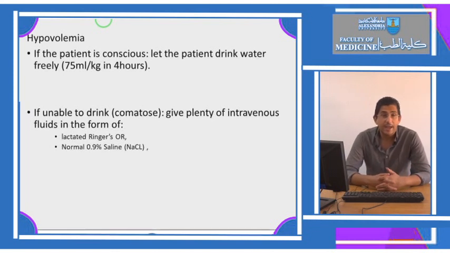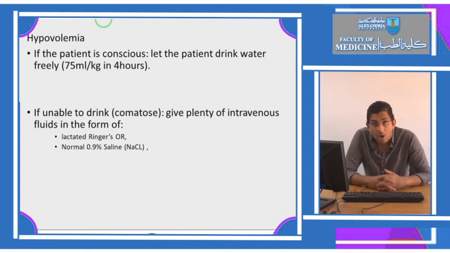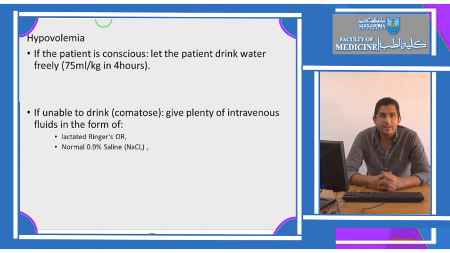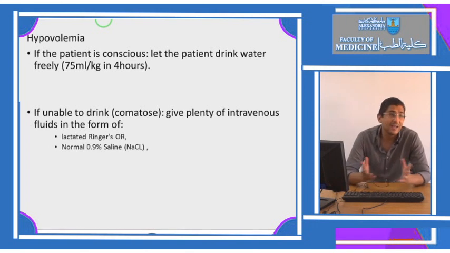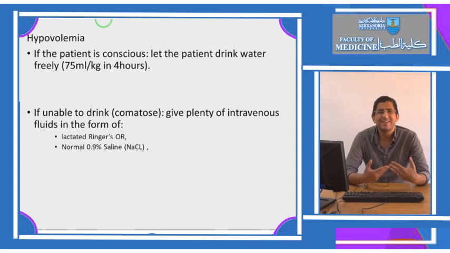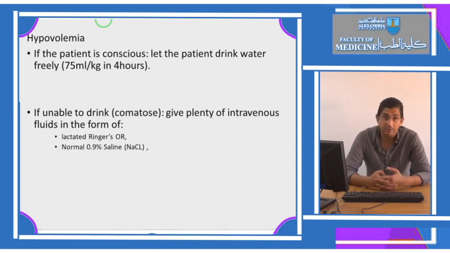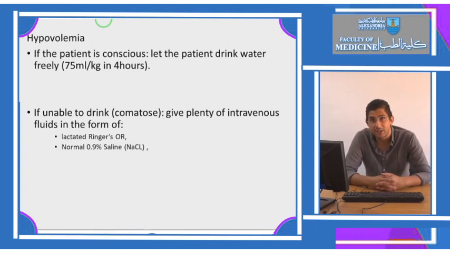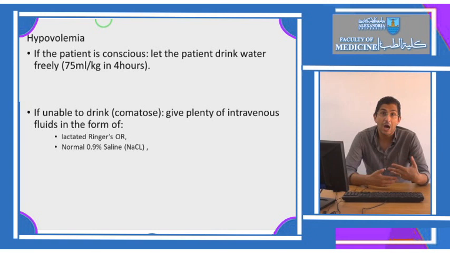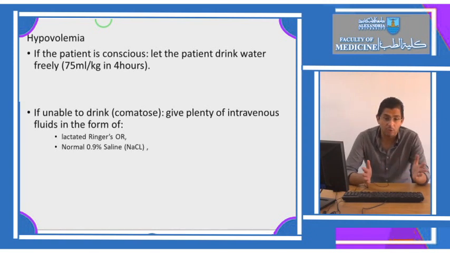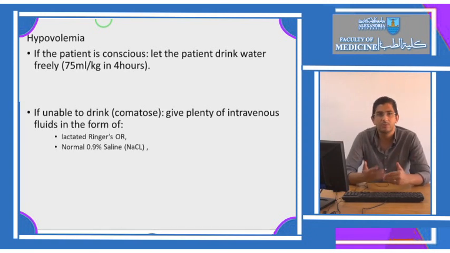He is given this oral drink at 75 milliliters per kilogram body weight over 4 hours. To your own knowledge, the daily requirement for a normal patient for drinking water, without any sort of dehydration, is about 25 milliliters per kilogram body weight.